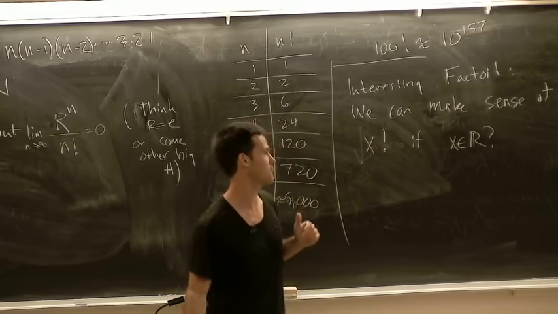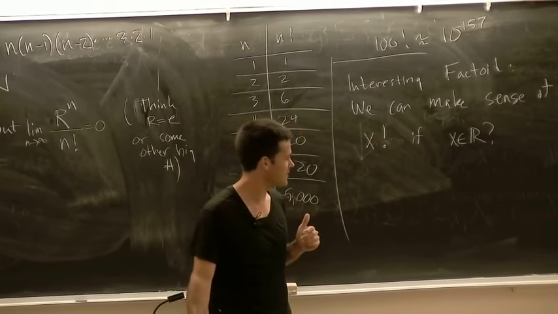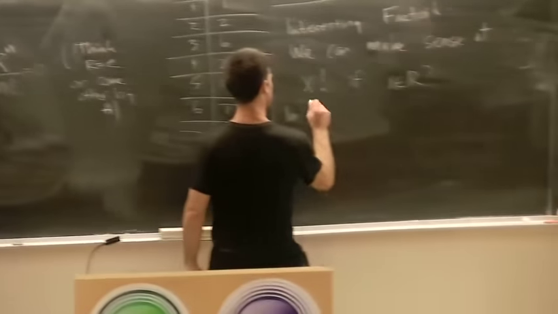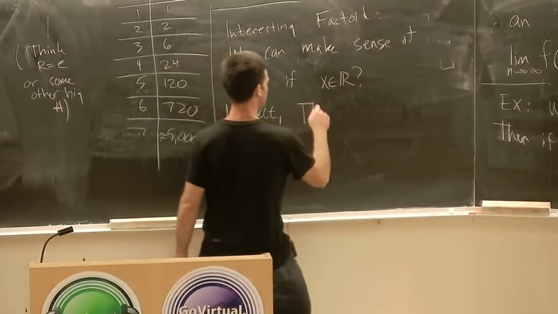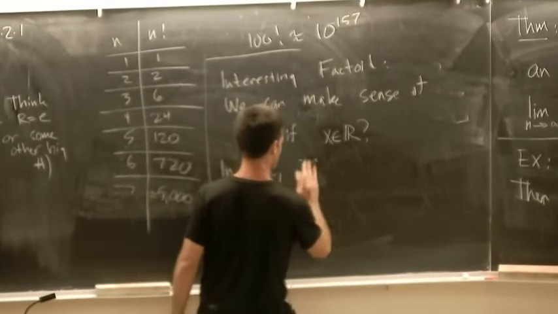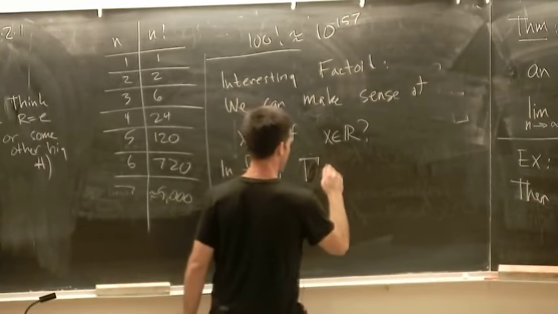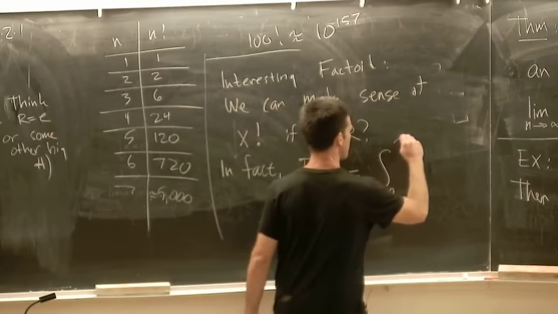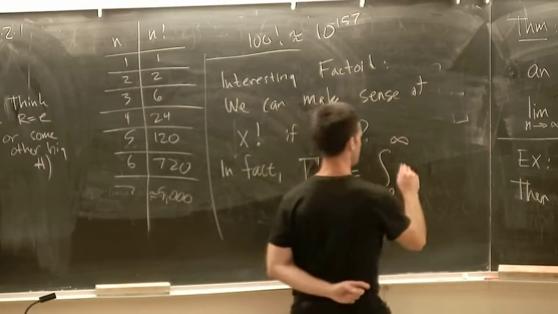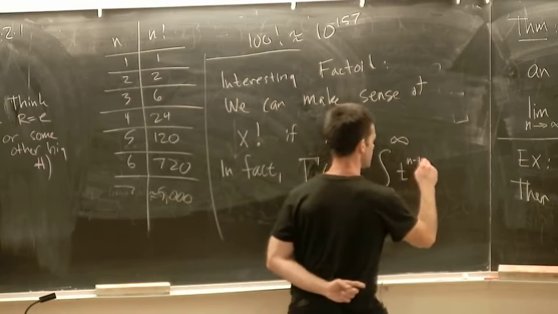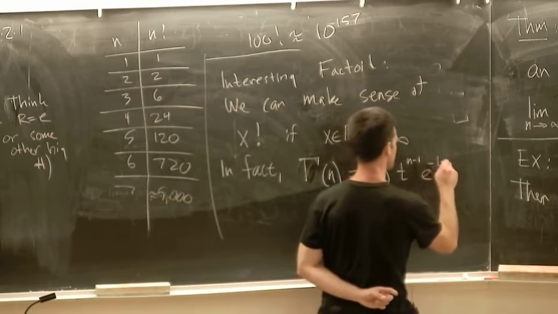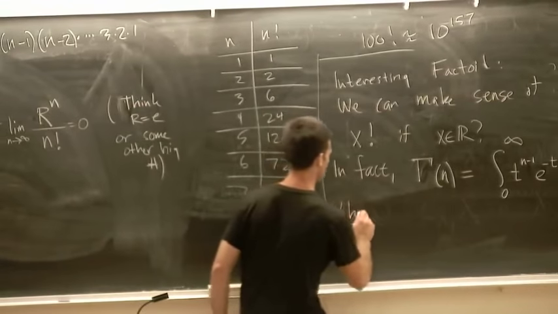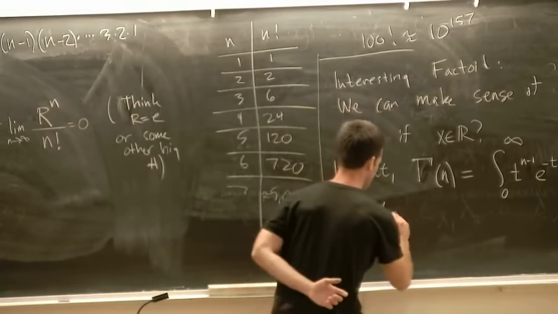I wanted to do it in the improper integrals section. We just didn't have time. It's called the gamma function. So if you define gamma of n, which is equal to the improper integral from 0 to infinity of t to the n minus 1 times e to the negative t dt.